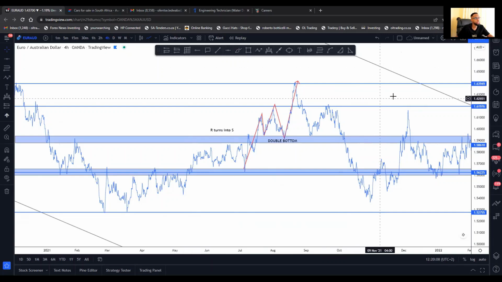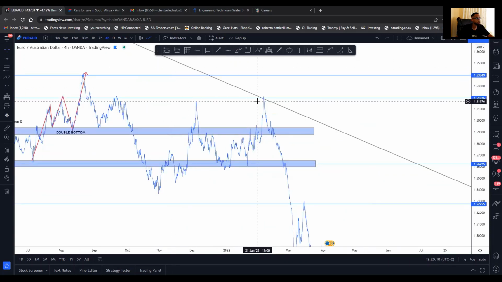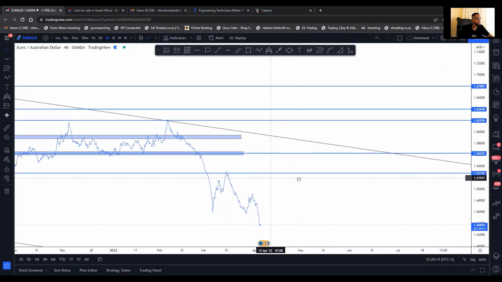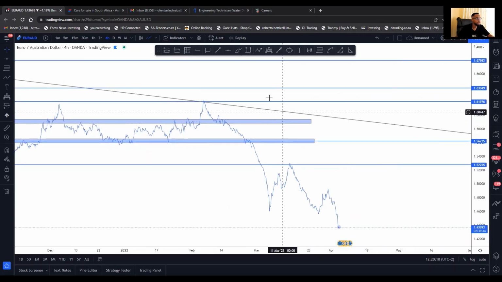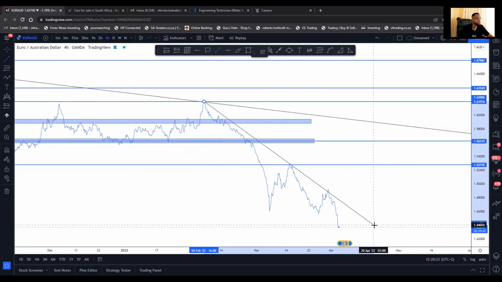Here is something that I would like you guys to see and understand, how you can be able to check these moves happening. Okay, you're going to draw your line so that you can be able to manage your sell moves.